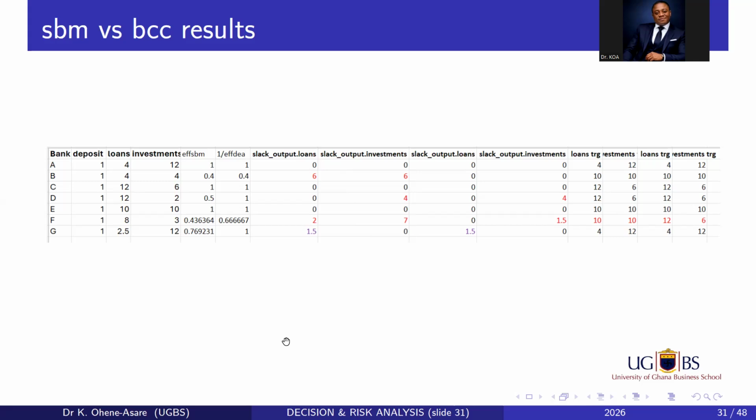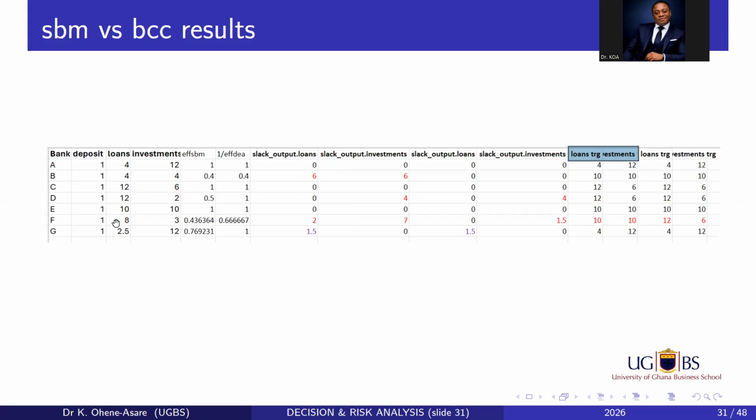And because slacks have been identified, they will affect the target. So look at the SBM target. You will notice something about the target. Take for example the target for F. The outputs were 8 and 3.